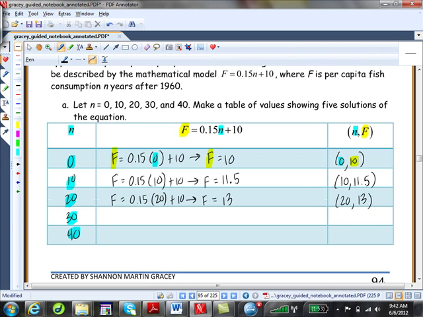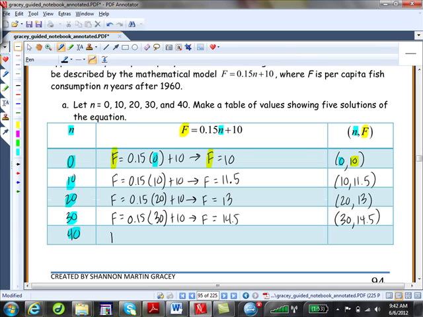And then moving along, 0.15 times 30 plus 10. So f, if you do the math on it, will end up being 14.5. So we got 30, 14.5.